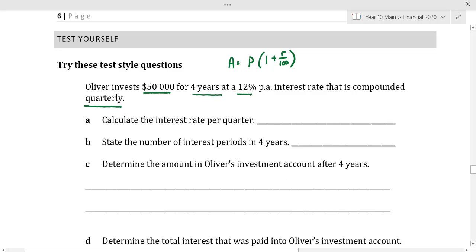First of all, we want to work out the rate per quarter. You get 12% a year, but what is that a quarter? It's 12% divided by 4, which is 3%.